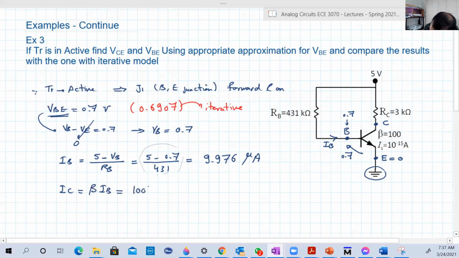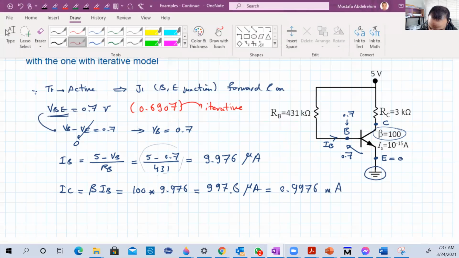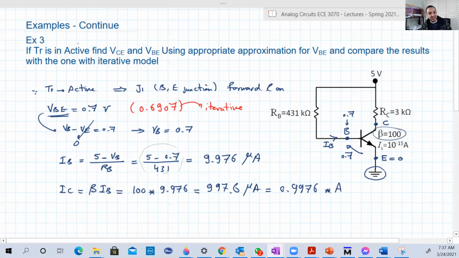Beta is 100, times 9.976, so it will be 997.6 microamperes, or 0.9976 milliamperes.